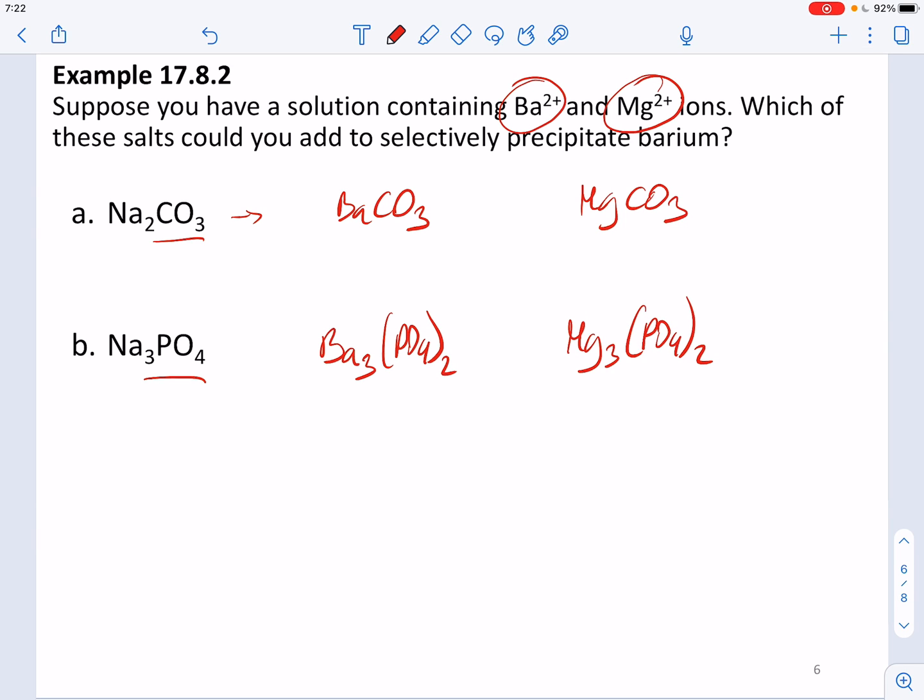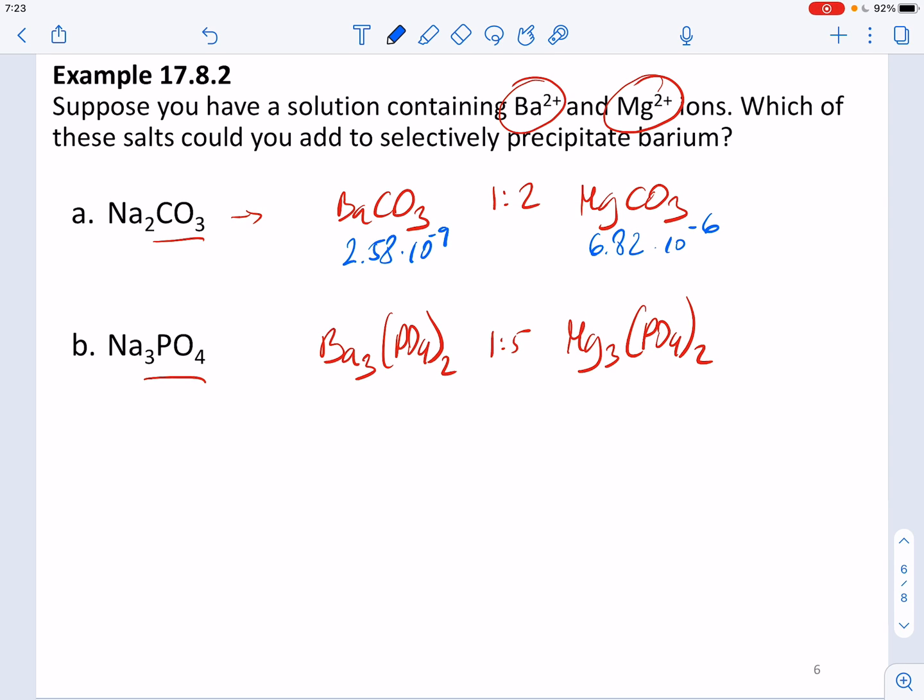Okay, the good thing about these salts is that they have the same stoichiometry. These are 1 to 2 salts and these are 1 to 5 salts. So if you take a look at the value of KSP, it should be enough to tell you the difference in solubilities. In particular, for barium carbonate, the KSP is equal to 2.58 × 10^-9, and the KSP for magnesium carbonate is 6.82 × 10^-6.